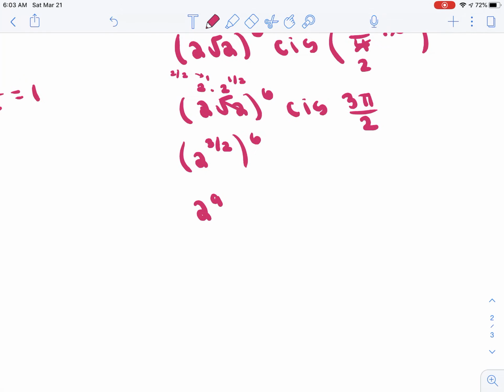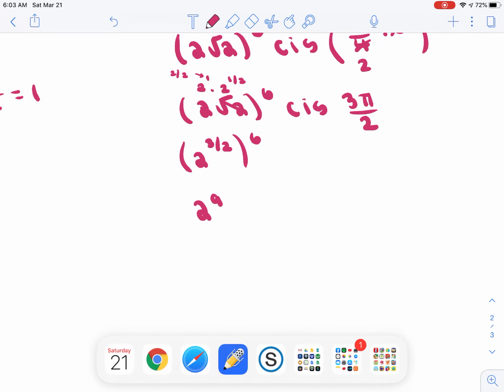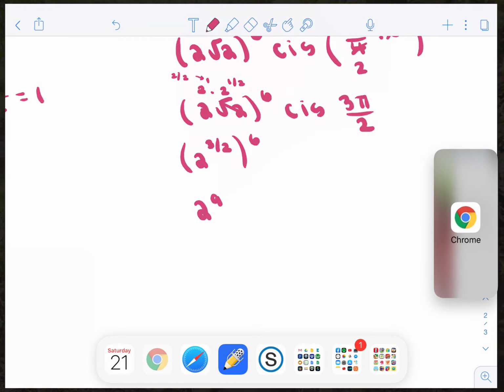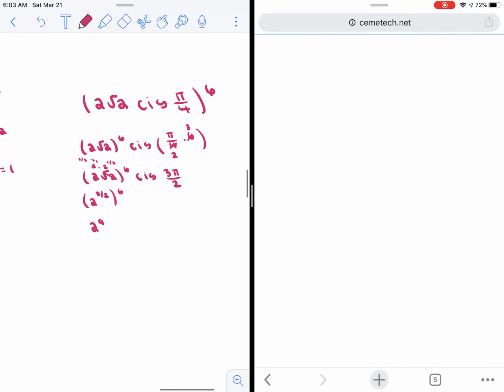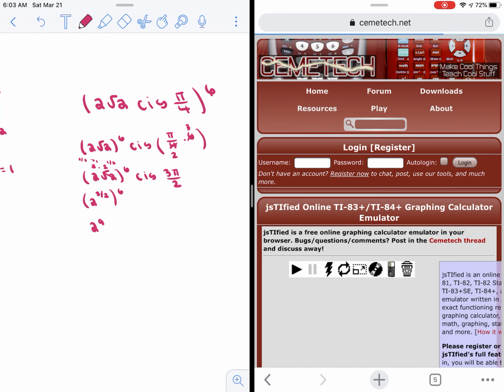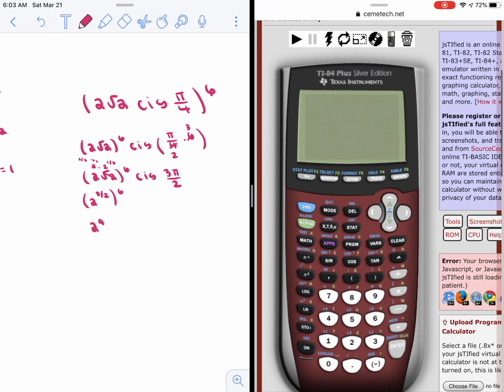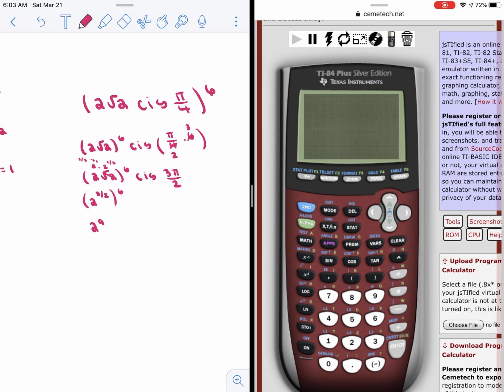And then we can find that in our calculators. So we get 2 to the 9th power, which is giving me 512.